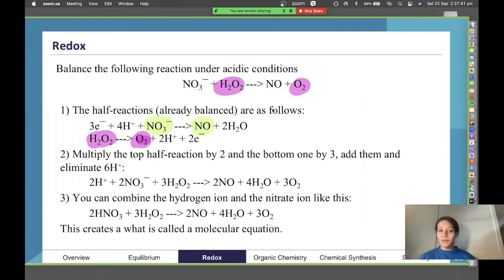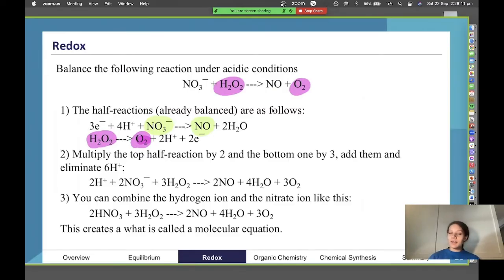So then we follow the same half equation process of balancing hydrogen and oxygen, then balancing our charges with electrons. And then because we have 3 electrons on the top and 2 on the bottom, multiply the top equation by 2, multiply the bottom one by 3, and we end up with 6 electrons. We can also cancel out some H plus, because we're going to have excess H plus on the left versus the right hand side.